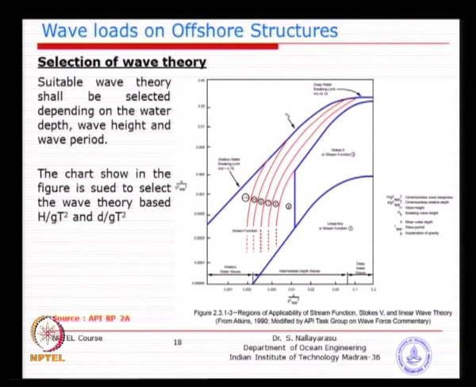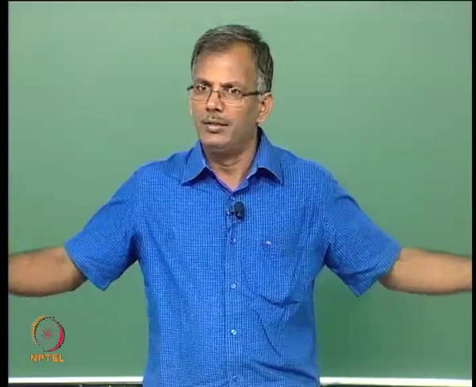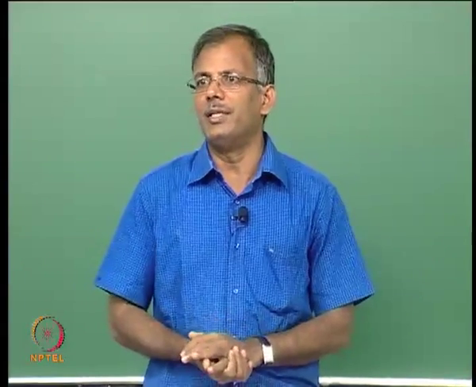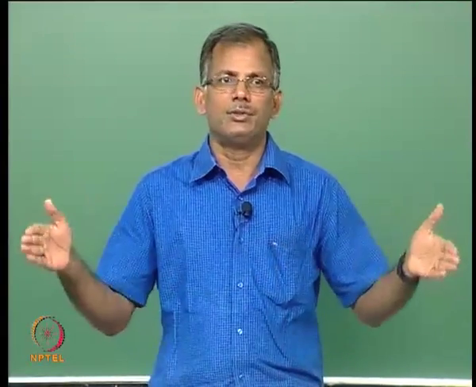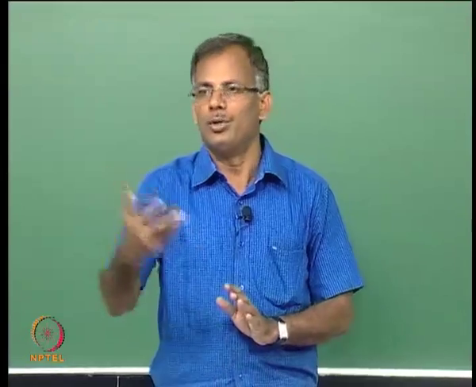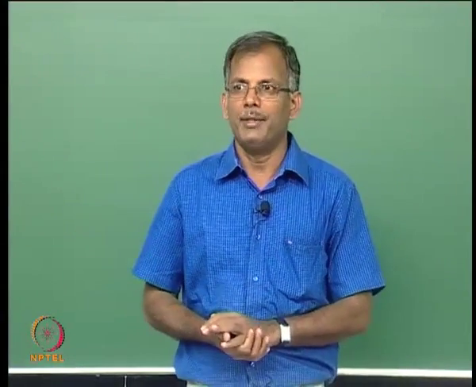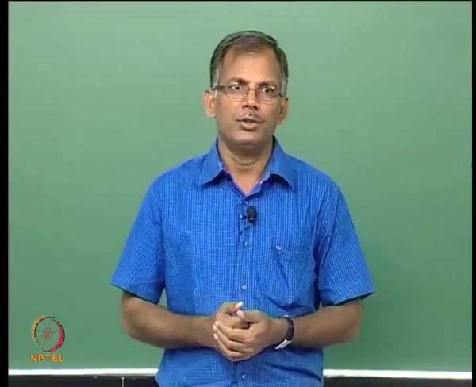So, you can see here in the horizontal axis you have d/gT², which is a representation of the water depth at the location with respect to gT², which is proportional to the wavelength. You know, the longer the wave period, the longer the wavelength. You can see very easily, once you go into wave theory calculation, that the length is proportional to the period.